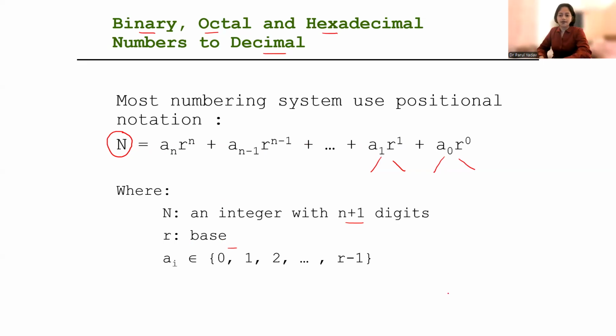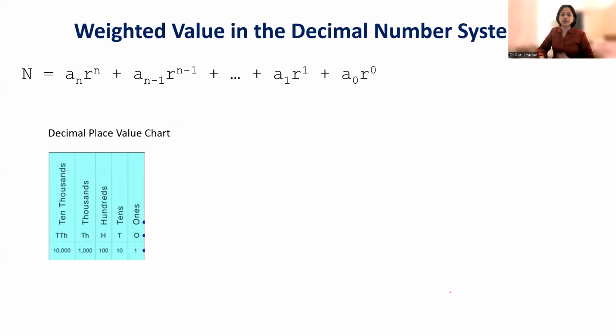It will be more clear in the coming slide when we use it. Before doing any conversion, I'll just tell you how we can convert a decimal number into a decimal number using this formula, right? So the idea is we need to use the face value and the place value.